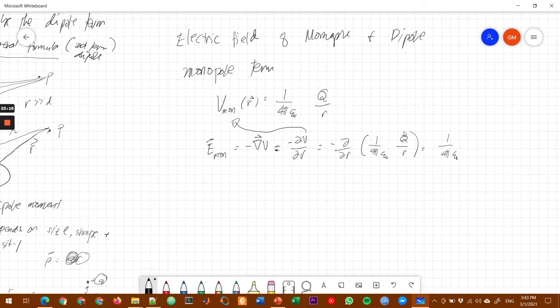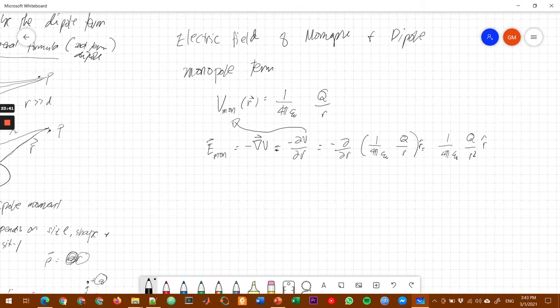The derivative of 1 over R with respect to R is negative 1 over R squared, so this would be Q over R squared. The negative outside cancels, so it becomes positive. And notice that this is R hat.